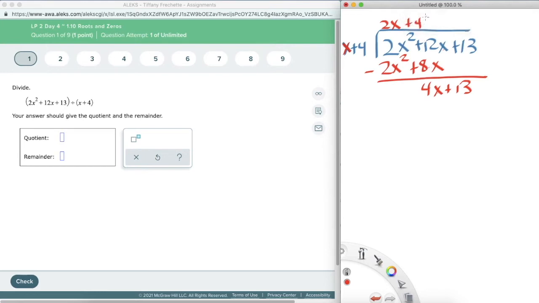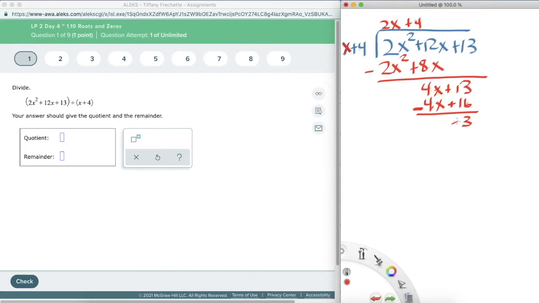So 4 times x is 4x, and 4 times 4 is 16. And I'm going to subtract. So 13 minus 16, and remember, I know it says plus here, it's a positive 16, but I'm subtracting these like I would in regular division. So 13 minus 16 is negative 3. 4x minus 4x cancels out again, which is what we wanted to happen.